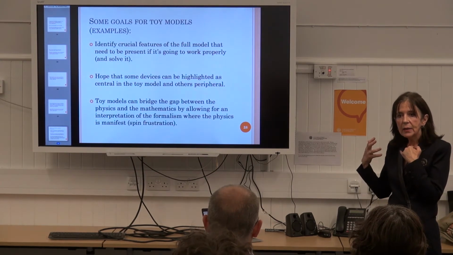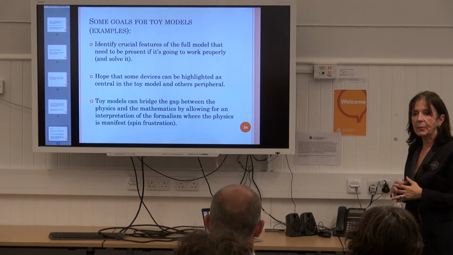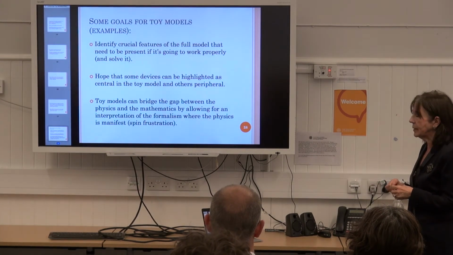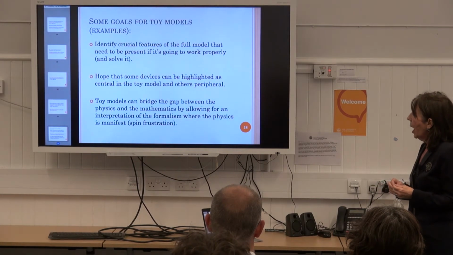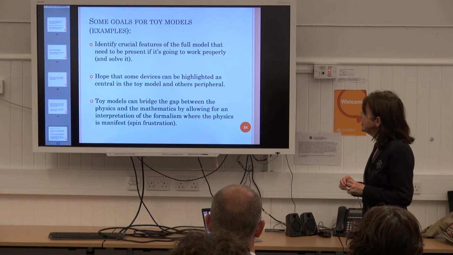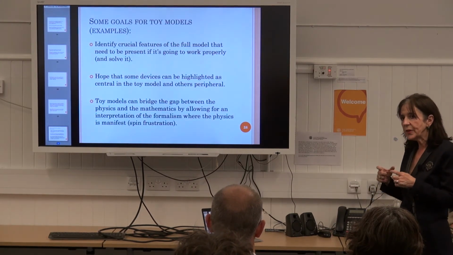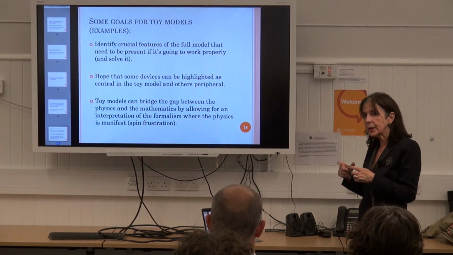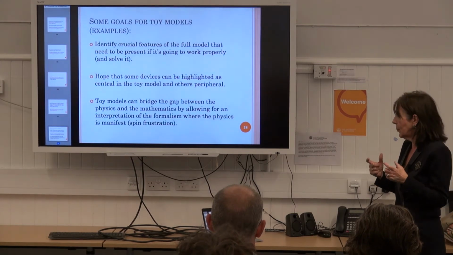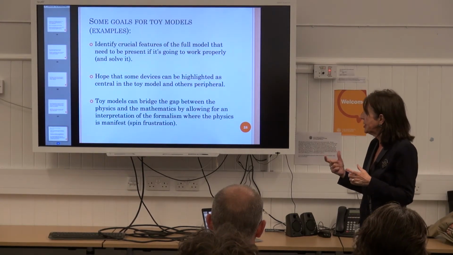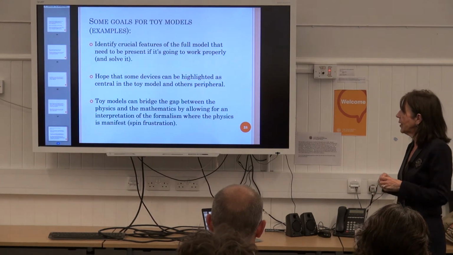You need to have a kind of background theory in order to actually build the toy and know that the thing is going to do some interesting work for you. Hope that some devices can be highlighted as central in the toy model. So particular features of the toy model are going to have important, I don't want to say representational, but I'll say representational capacity in order to help you explain certain things.